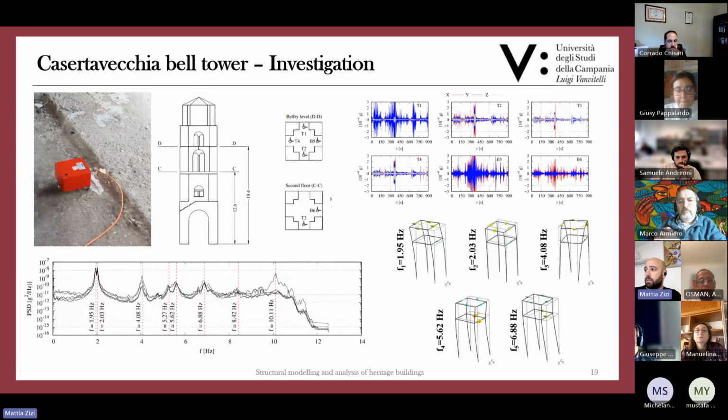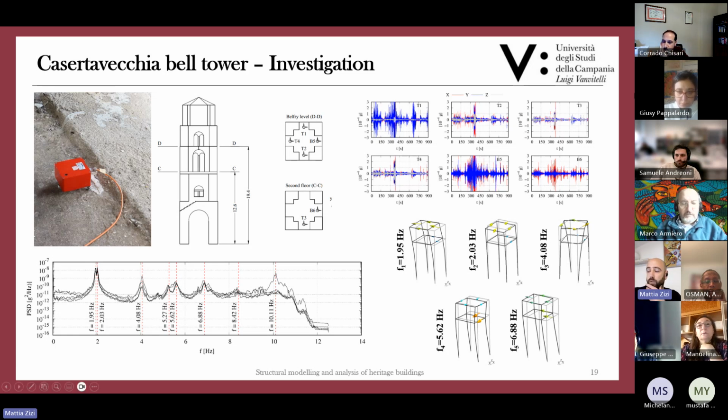Then the investigation was completed by a very accurate dynamical characterization of the global behavior of the tower. So we put some instruments in specific points of the tower.